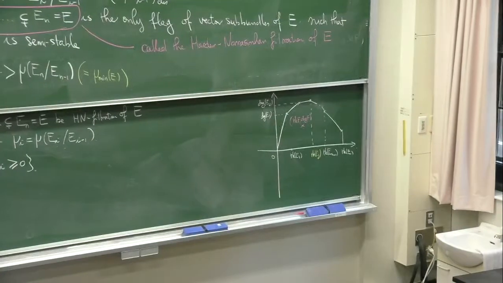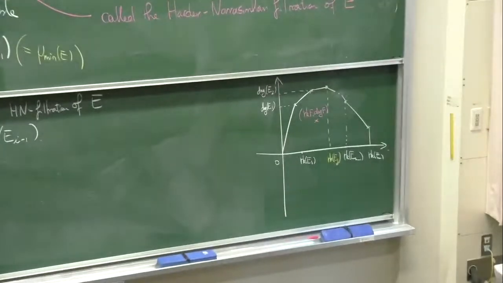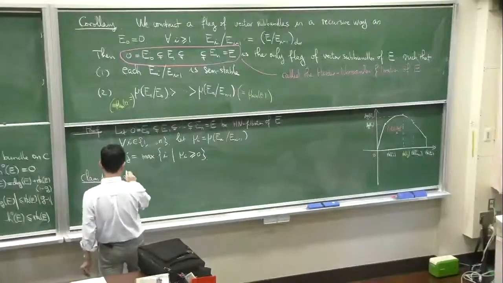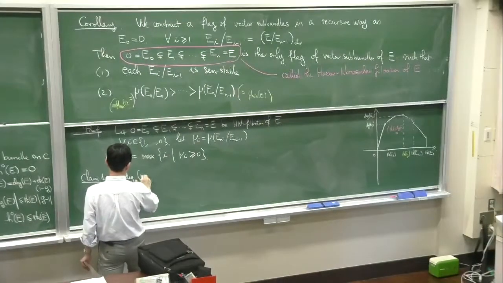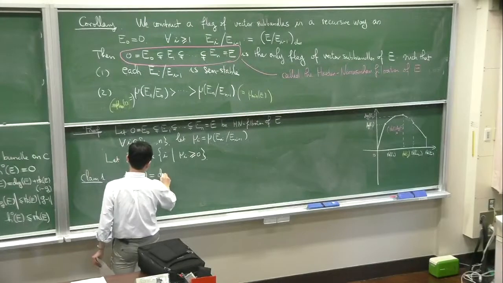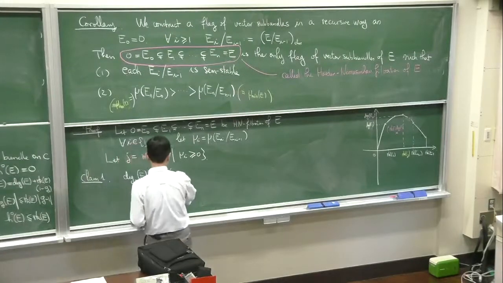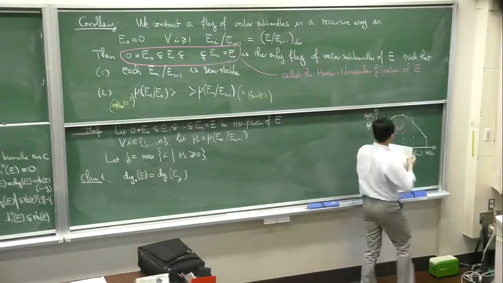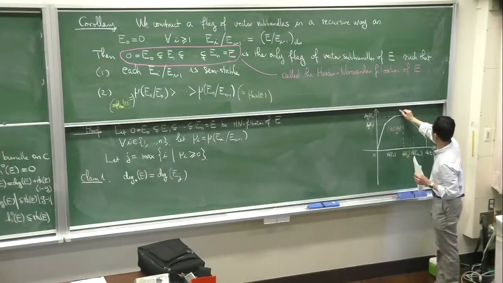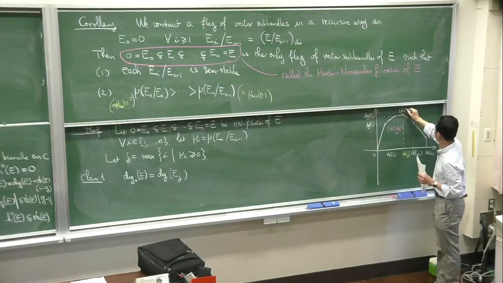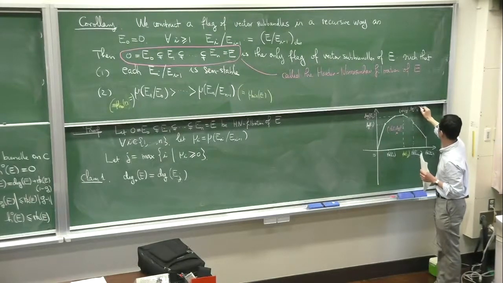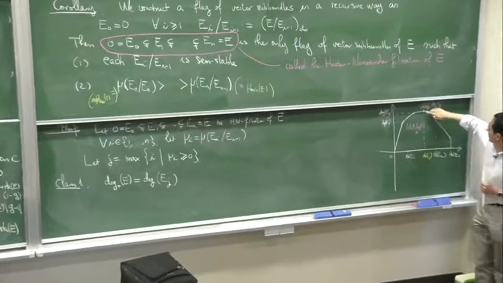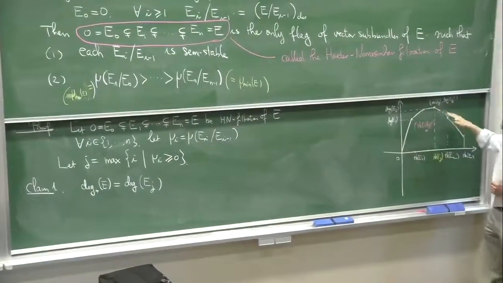So therefore, we have such a claim. Claim 1 is that degree plus of E is the same as the degree of Ej. Because for Ej, the coordinate is rank of Ej, degree of Ej, so here the value is the maximal.